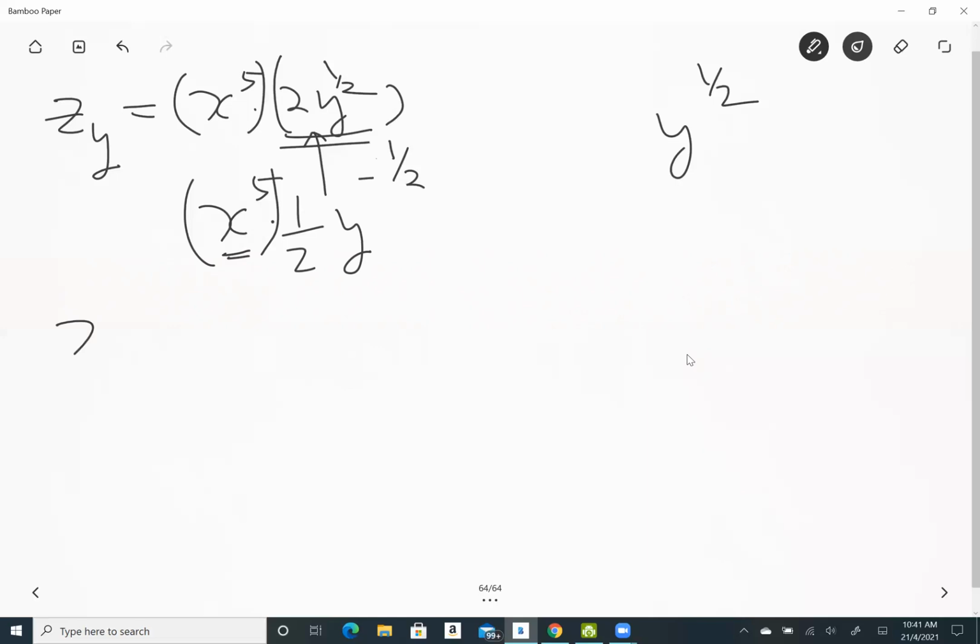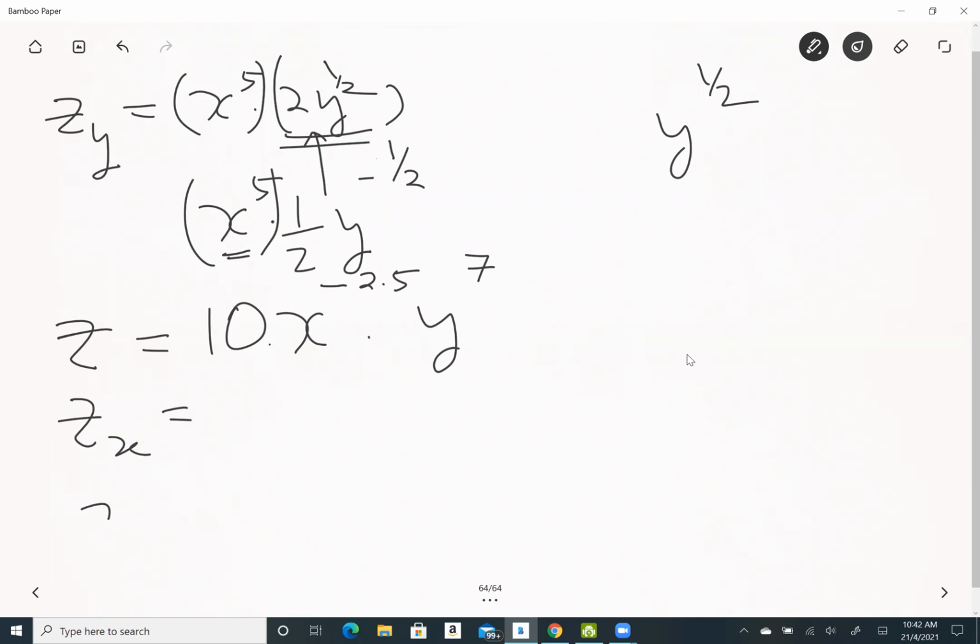Another example: z equal to 10 x to the power of negative 2.5, y to the power of 7. By now, we should be able to get the idea. I want you to find zx and then find zy.